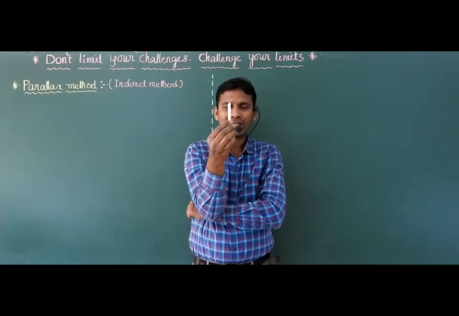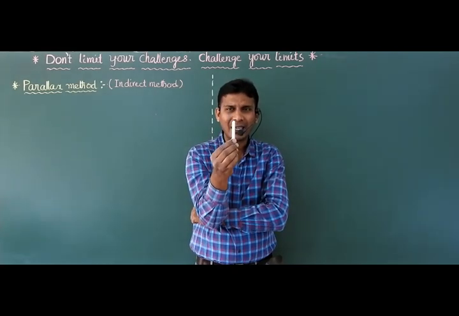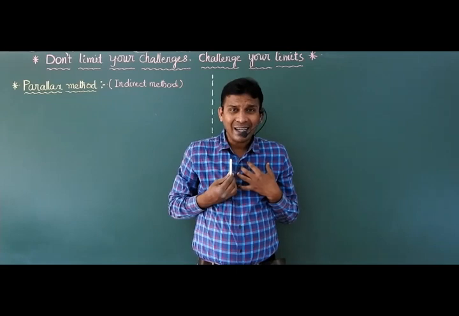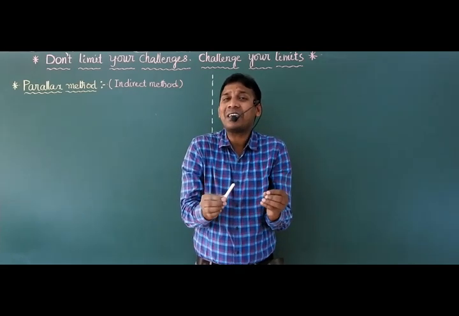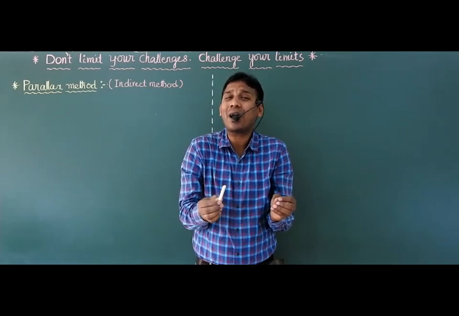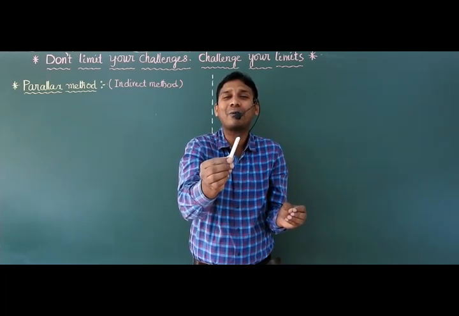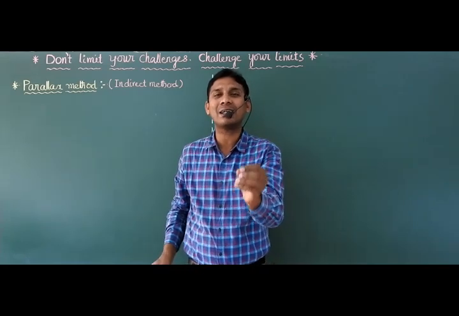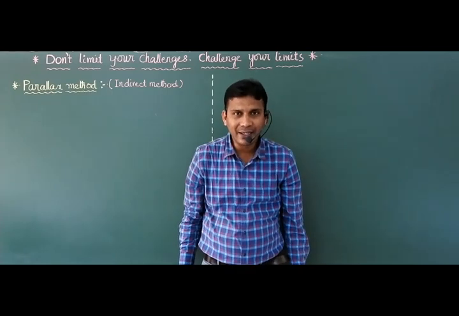So when we observe this object against the background by closing one of your eyes, we feel that there is an apparent change in the position of the object with respect to the background, which is known as parallax. Is it clear?